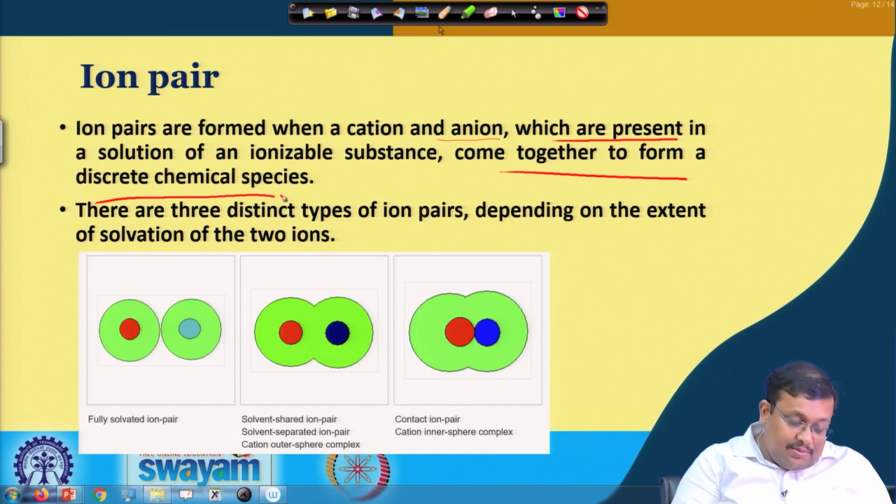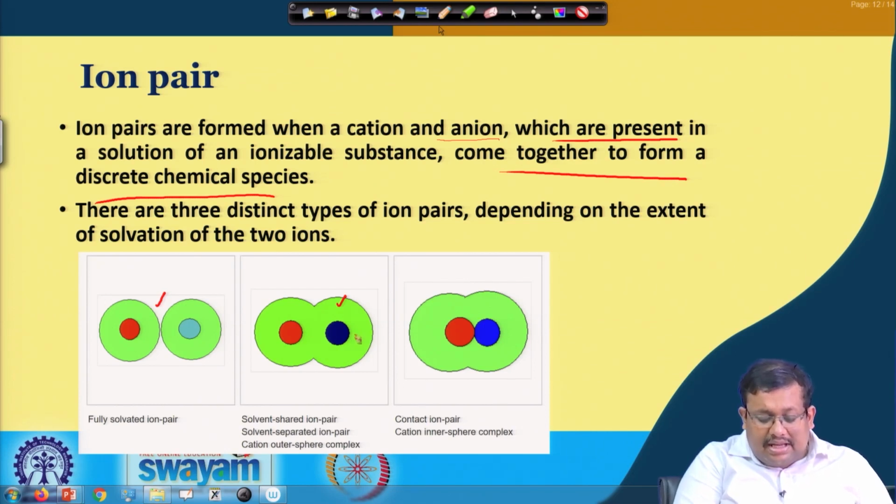We can see here in this picture, one is the fully solvated ion pair where these cations or anions are fully solvated, and then we can see the solvent shared ion pairs, where the solvent is shared between these ions, also called solvent separated ion pair or cation outer sphere complex.